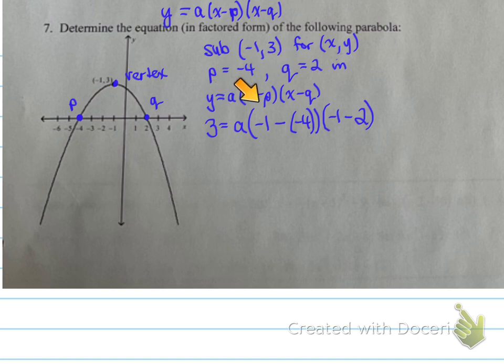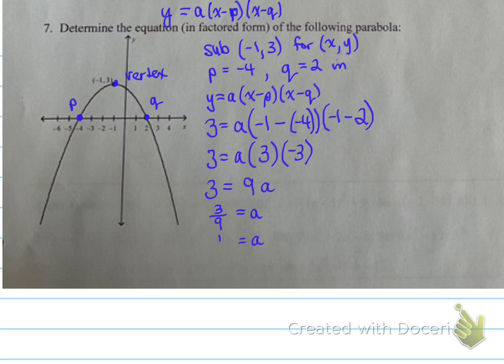We're putting the information into this formula to look for a. 3 is equal to a times 3, and -1 minus 2 is -3. 3 is equal to 9a. That means my a is equal to 3/9. When we reduce that, we get a is equal to 1/3.